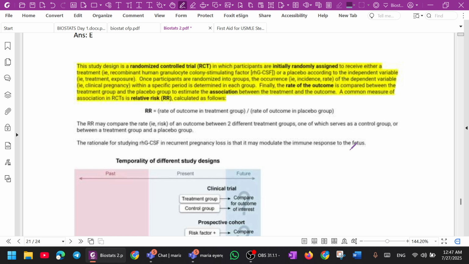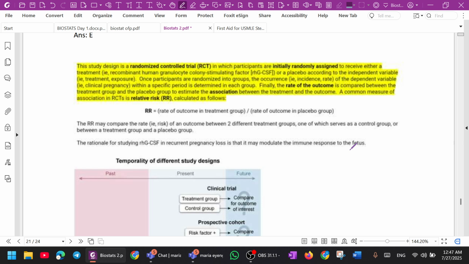This study design is a randomized control trial in which participants are initially randomly assigned to receive either a treatment, recombinant human granulocyte colony stimulating factor, or a placebo according to the independent variable, treatment exposure.